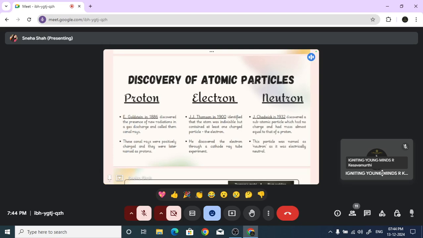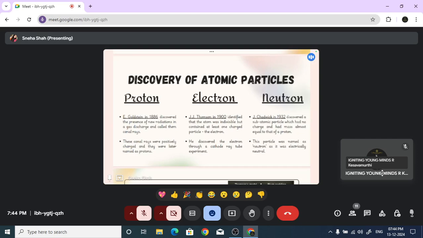Here we have the scientists who worked on experiments and came up with the fact that the atom contains protons, electrons, and neutrons. The first one is E. Goldstein, who said in 1886... but before going into this, let me tell you that every particle will radiate some rays. Rays will be of various types.